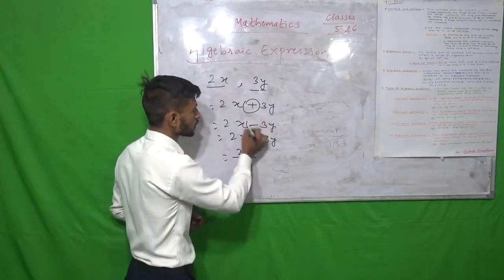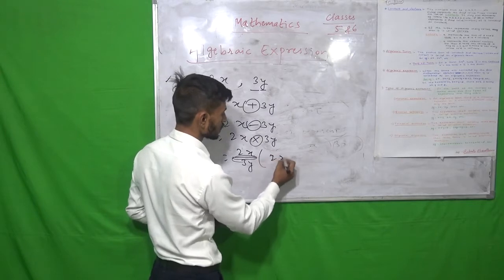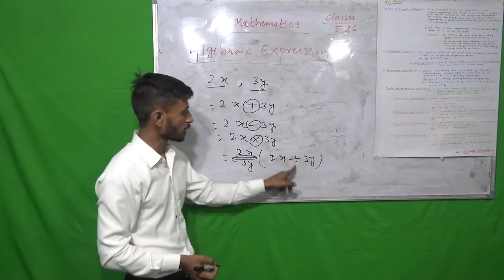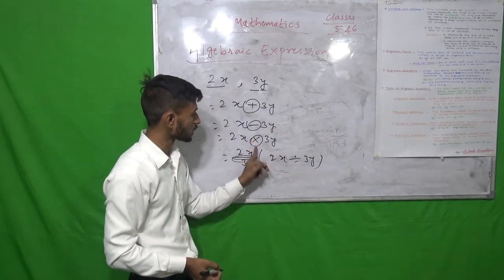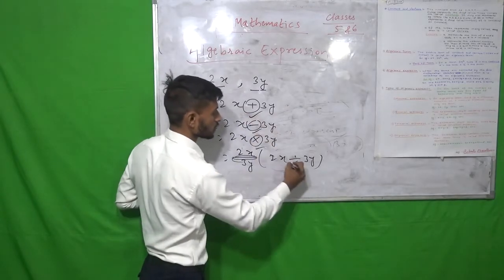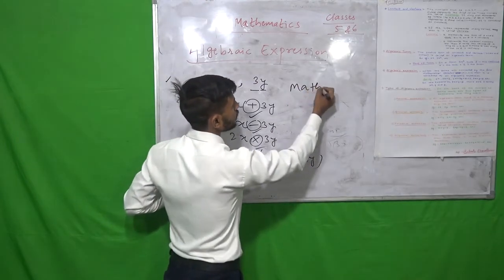Or it is also like this, 2x divide 3y. What are these signs called? They are the mathematical operators.